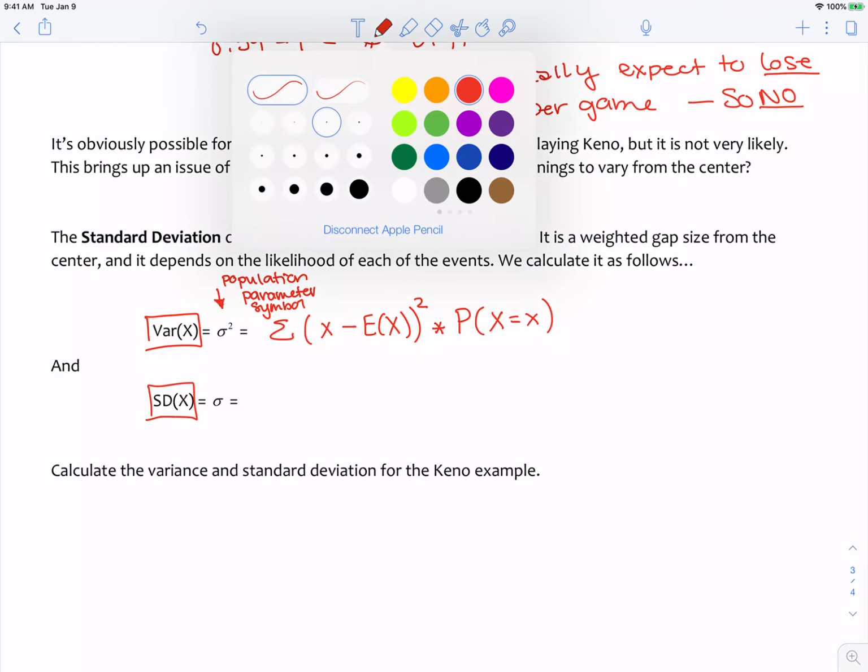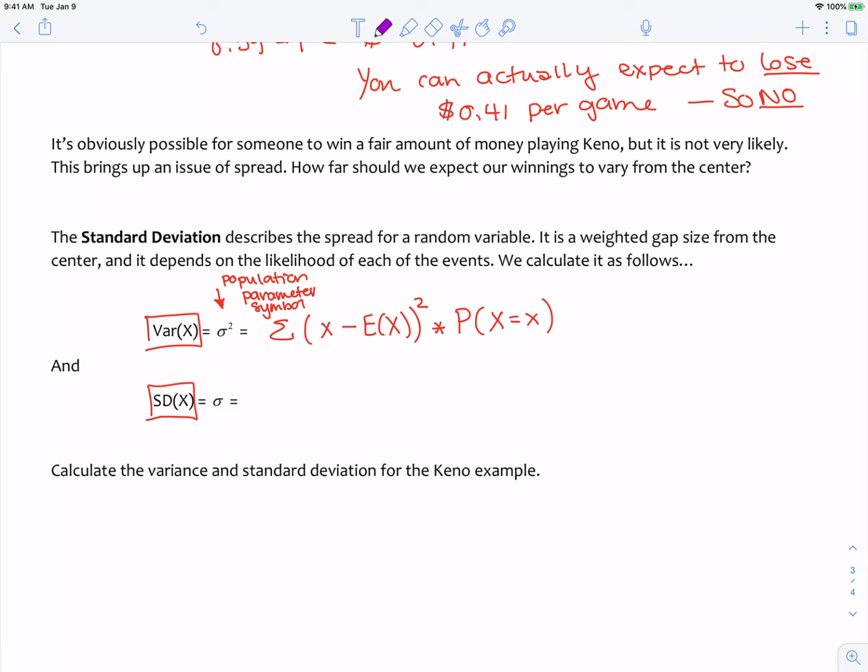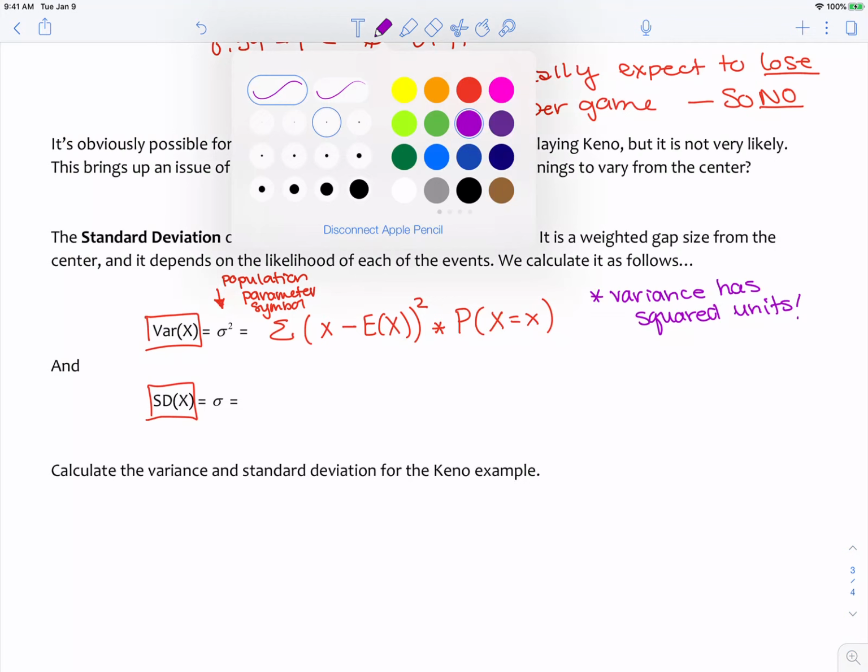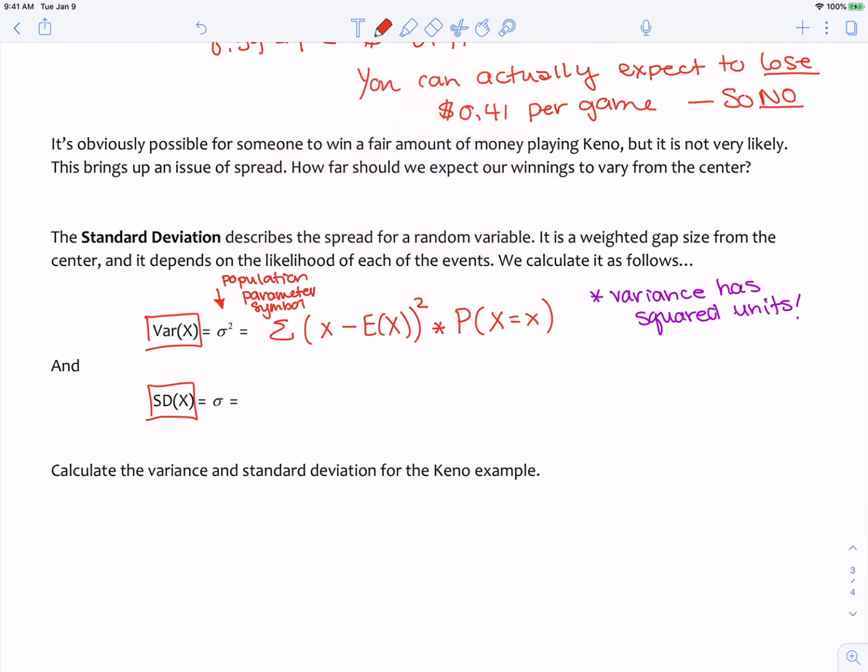Now, the other thing we want to notice here is that we've squared things. So the variance, just like with our regular data, is going to have squared units, and that's due to the squaring of that difference. Okay, and the other thing we're going to see is that it's going to go back into the regular units when we take the standard deviation, because we're going to take the square root of that, right?